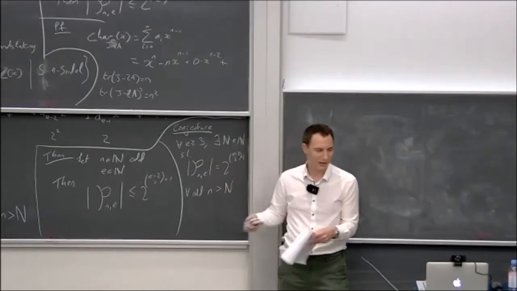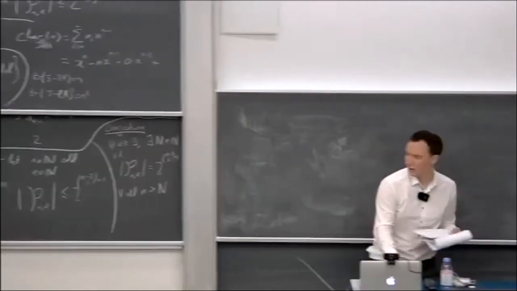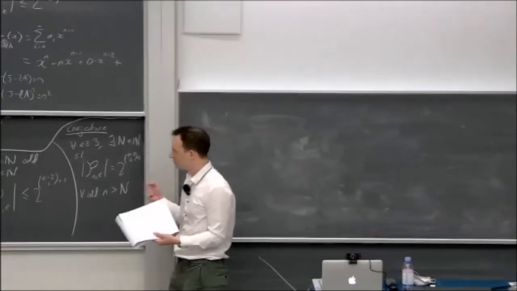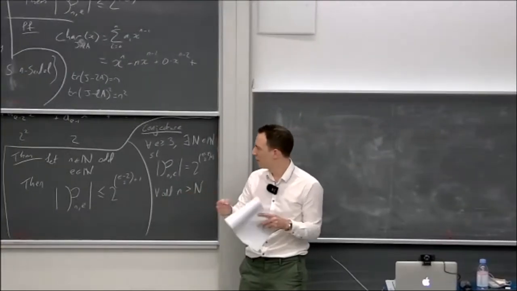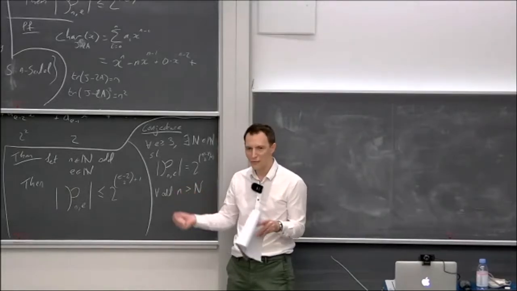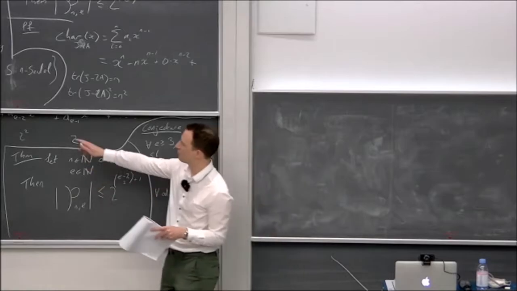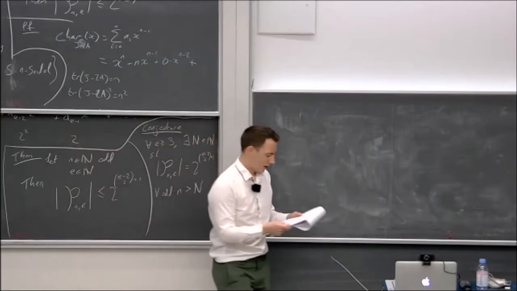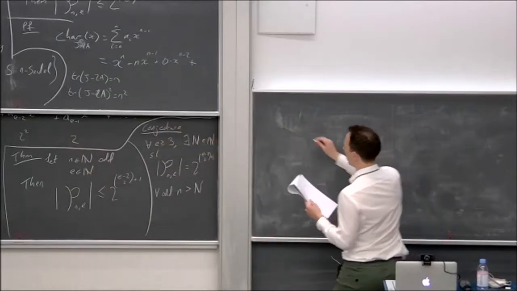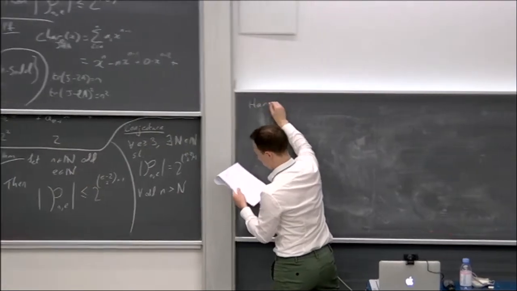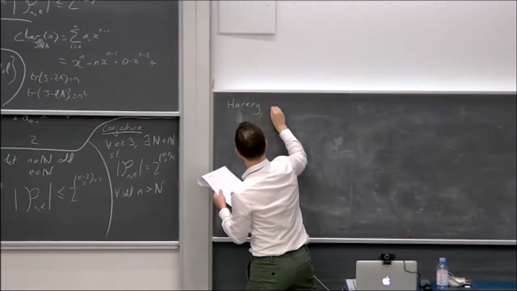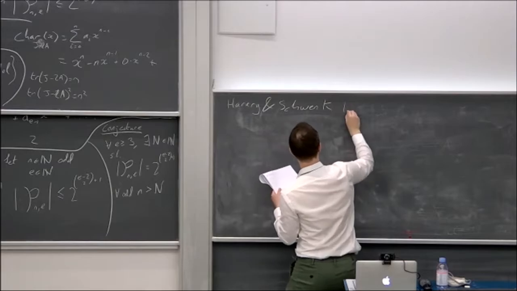We kept doing computations, randomly generating Seidel matrices, and desperately looking for some extra relation between the coefficients. In the odd case, there is in fact some relation between these coefficients. And this is where Harary and Schwenk come in. So let me just write out these guys' names. This goes back to 1979.